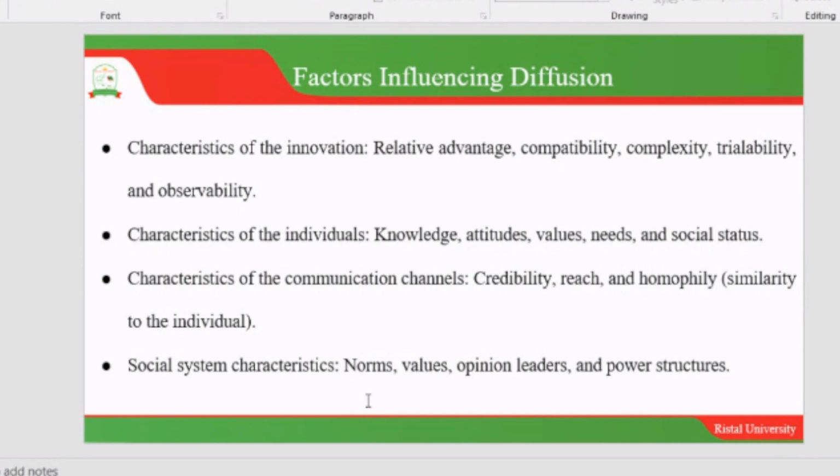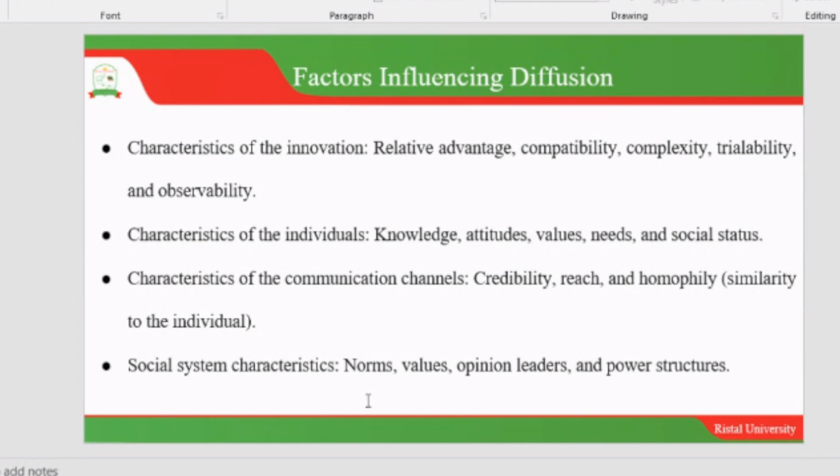Then the social status, and another factor is the characteristics of the communication channels that you use. Are they credible or not? If you use a channel that people think has always delivered fake news, things that are not right, then it is basically common sense that people will not believe that even this innovation is going to be right.